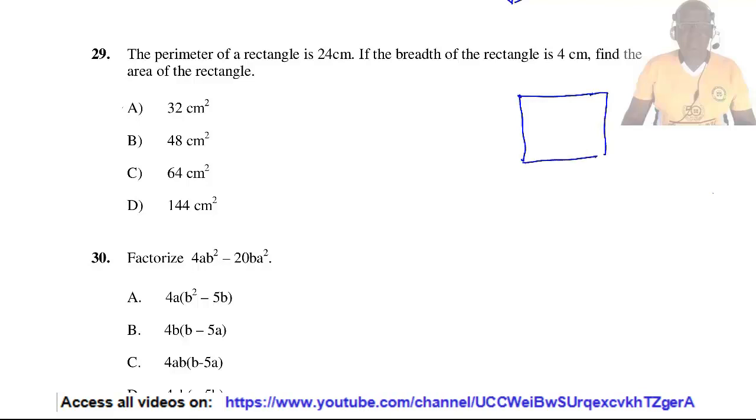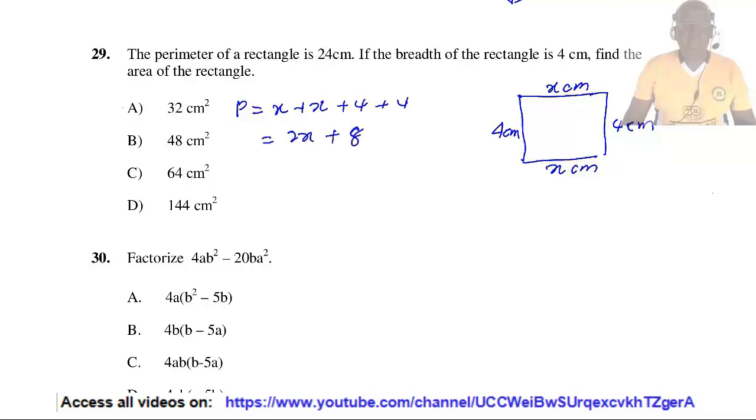The width is 4 centimeters, and let the length be S centimeters. Now, the perimeter is equal to S plus 4 plus S plus 4, or 2S plus 8, and this equals 24 centimeters.